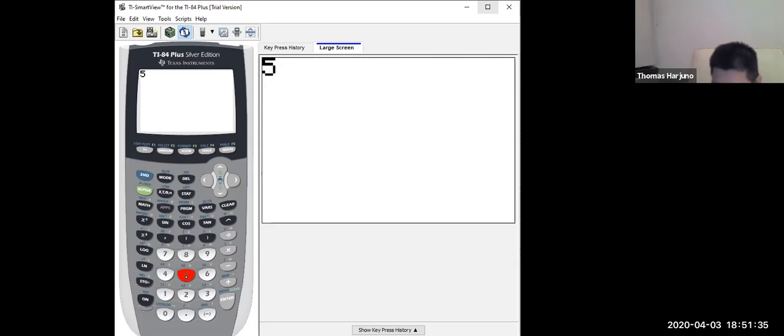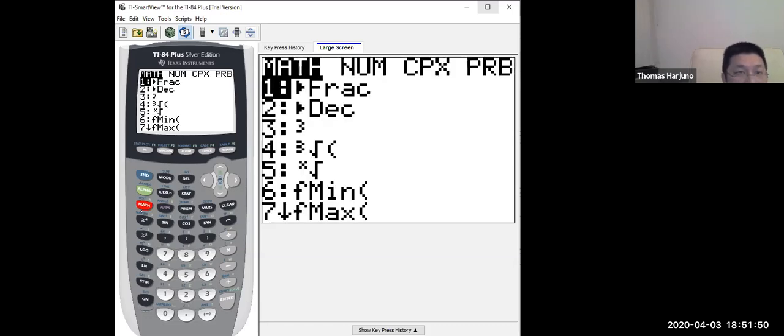I will not repeat this. 5 permutation 3. I'll press 5 first and then go to math here. You see the red button, math. Red means that's the last button I press. And then from this math menu, I'll move the cursor to PRB.